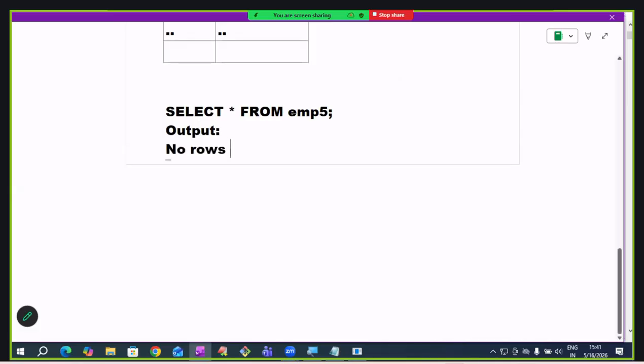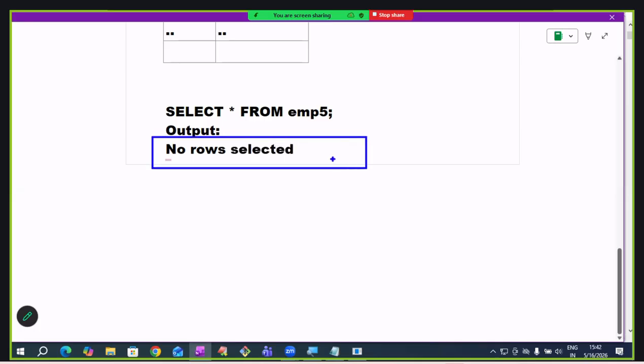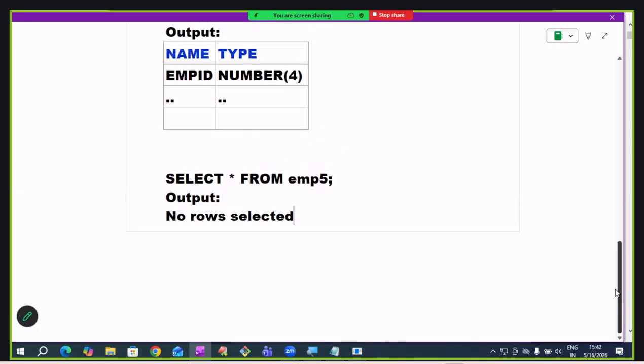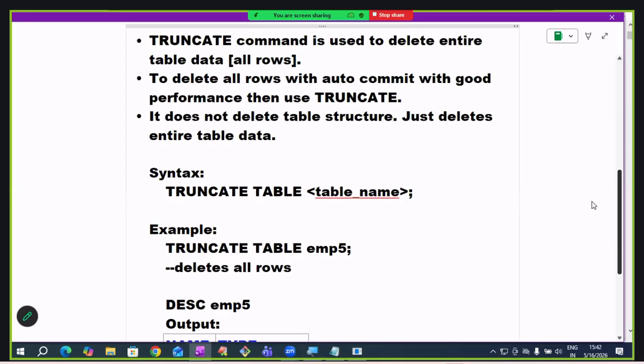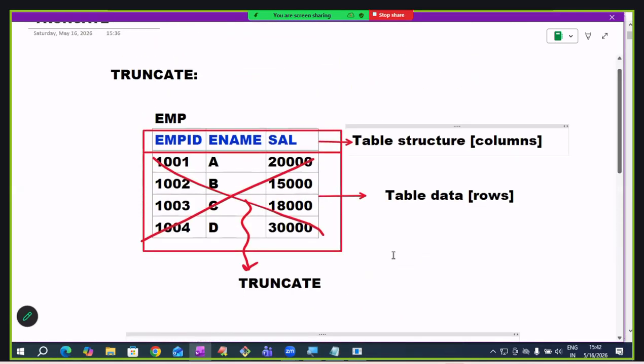It is not telling that table does not exist. It's not giving error here. If EMP5 table is not there, it gives error. But table is existed, the table is not having any rows. So with this, we can understand that structure is there, but entire data deleted. This is the only purpose of truncate.